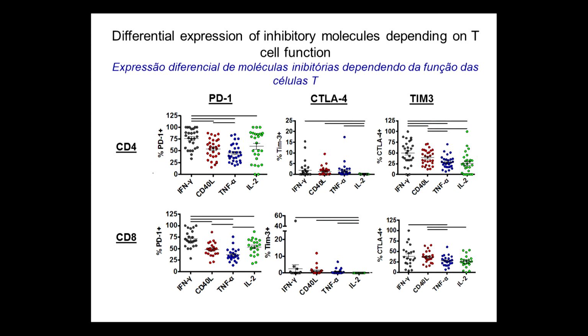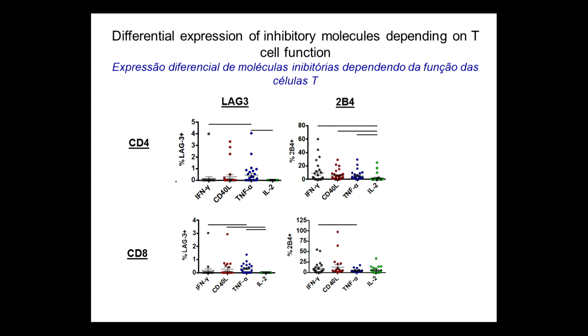So much higher expression of CTLA4 there compared to the CD40 ligand positive responses and TNF alpha positive responses. Now here also, for the last two, LAG3 and 2B4, we found again higher expression on the CD40 ligand and TNF alpha responses, while PD1, for example, which I showed earlier, was higher on the interferon gamma secreting cells.